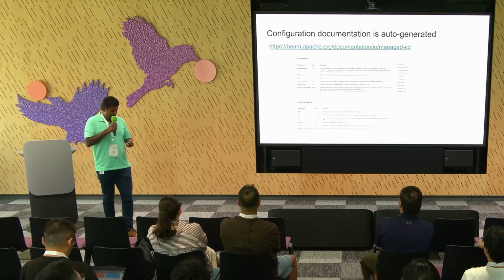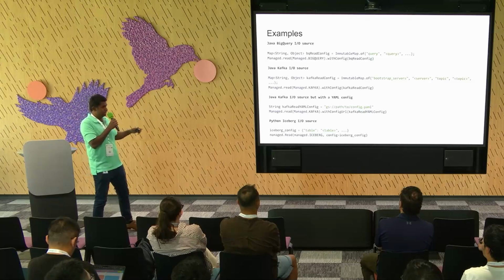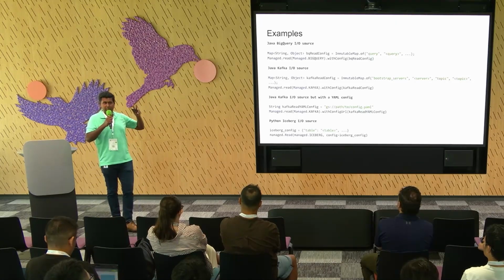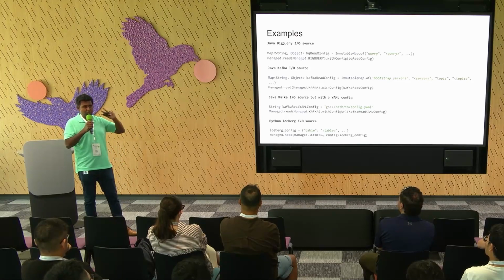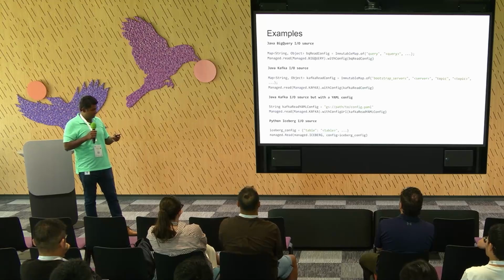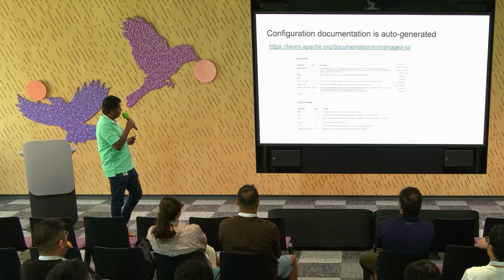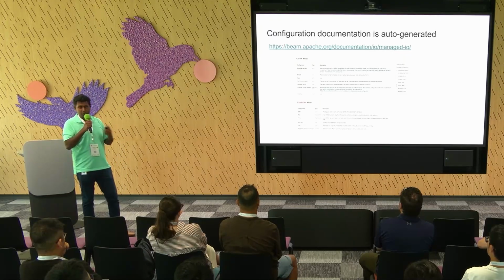All right. So one of the difficulties here is that, as I mentioned, you have to give your config. And the set of configs that you specify for each connector could be slightly different. So you have to know exactly what fields you can give for each connector. To make this easier, we created a website that is auto-generated via tooling.